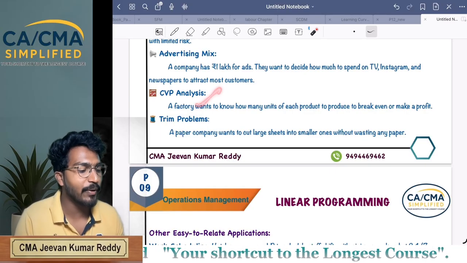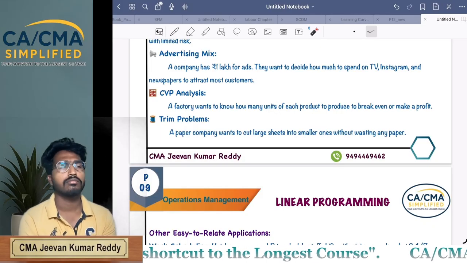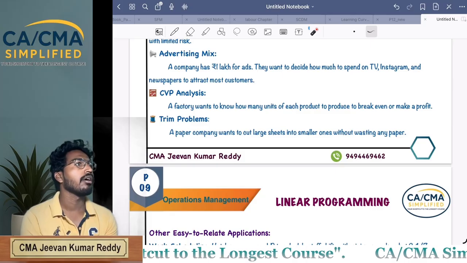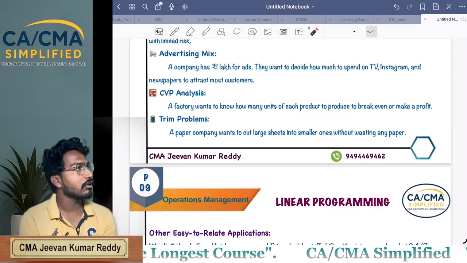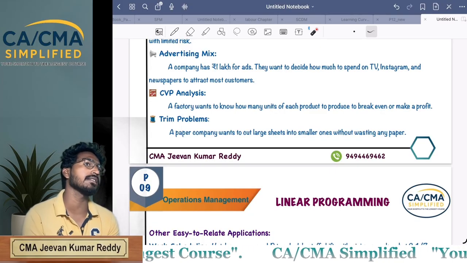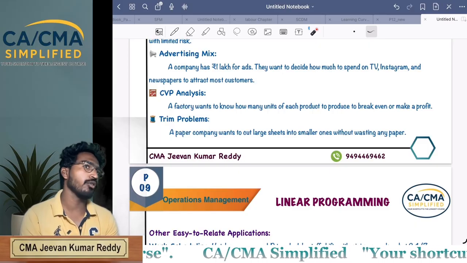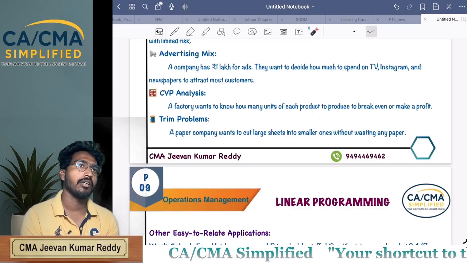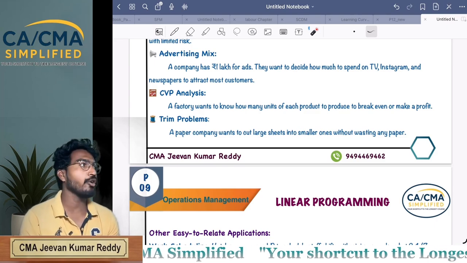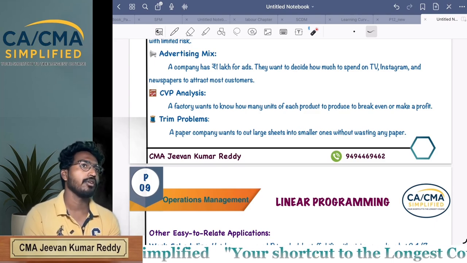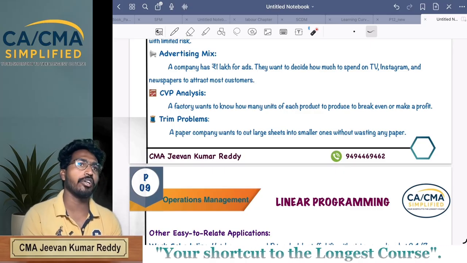Next, CVP analysis. What is CVP analysis? Are you done with your marginal costing? Yes or no? The first chapter itself is CVP analysis. You know sales, you know contribution, you know variable cost, you know break even point, you know indifference point.